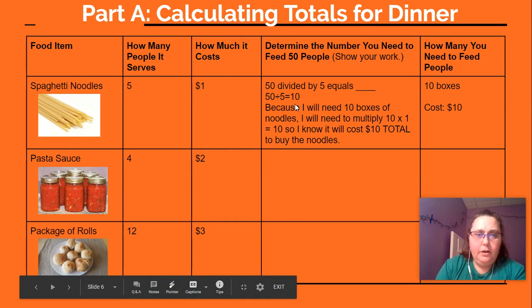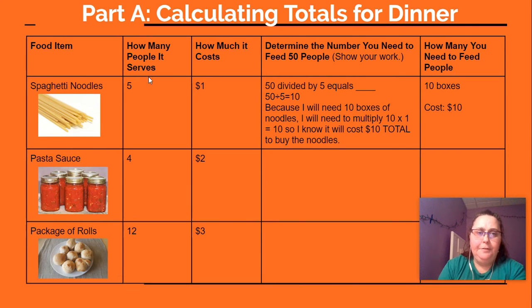So here is an example. Because the spaghetti noodles serve 5 and cost $1, we have enough information to figure out how much we need to purchase. We need to feed 50 people at this dinner. The way I chose to answer it was to take 50 people and divide it by 5, because each container of noodles serves 5.